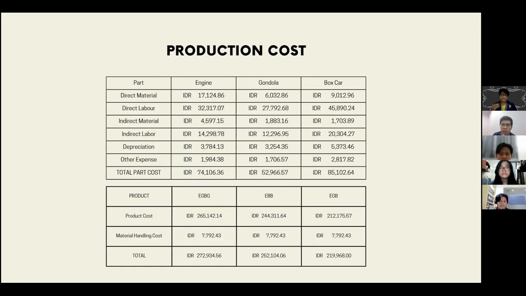And then we got the result like the table shown on the screen. For EGBG, around 270,000 rupiah, and then for the EBB around 250,000 rupiah, and then for EGB around 219,000 rupiah. Next.